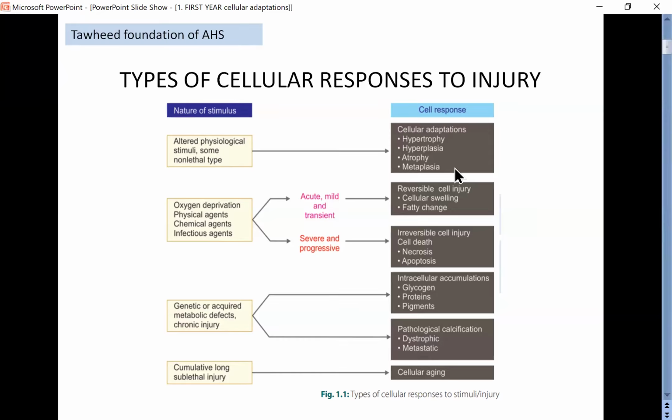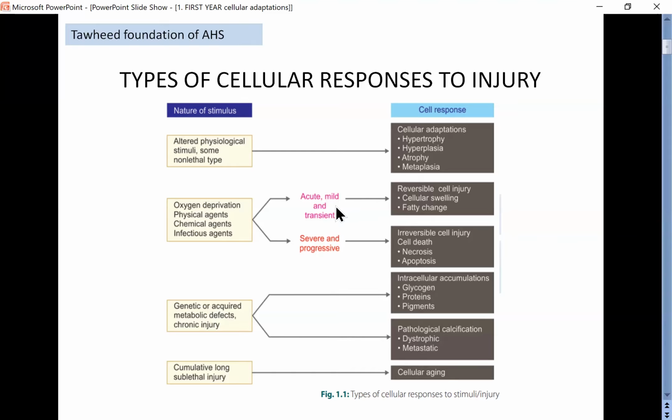Sometimes the cell responds to different kinds of injury, like some injury will be mild, acute, and transient. For example, oxygen deprivation or atmospheric pressure changes, like when we go up in the sky in an aeroplane, or go scuba diving down into the sea.